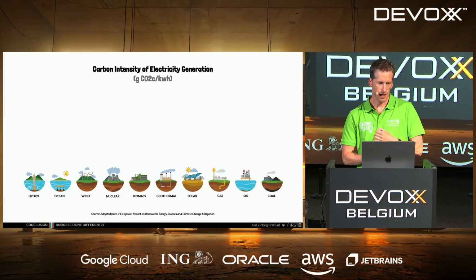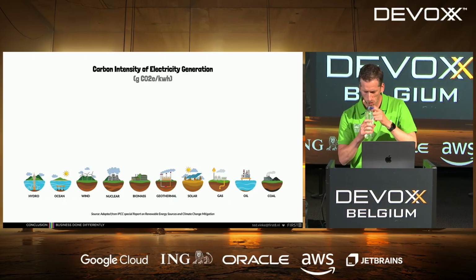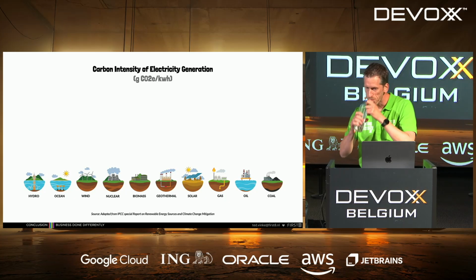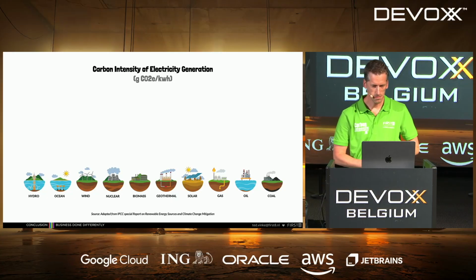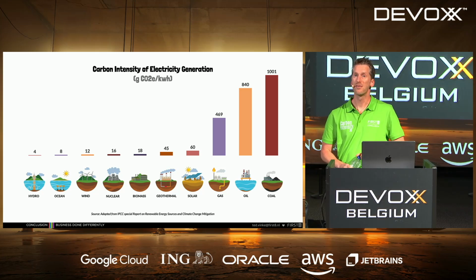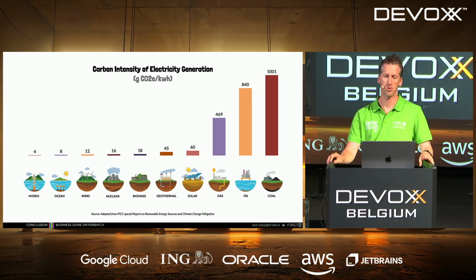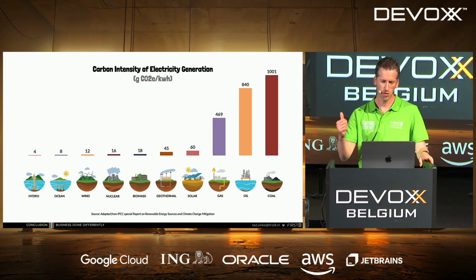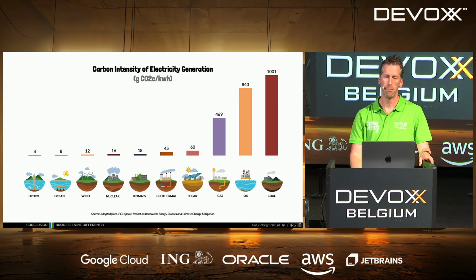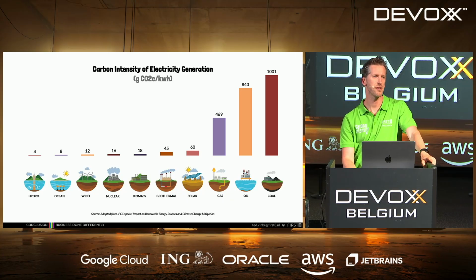Now we can look at a comparison. And we see that the carbon intensity of electricity varies greatly depending on the fuel source. On the right, you see coal emitting more than 1,000 grams of carbon dioxide to generate a kilowatt-hour of energy.